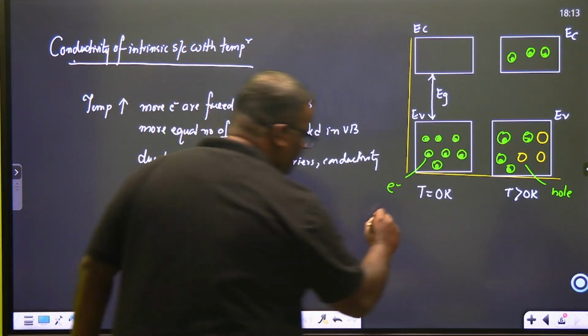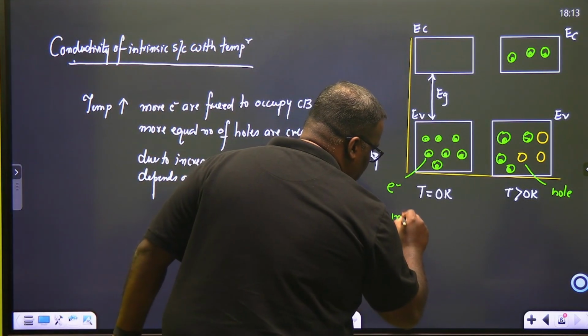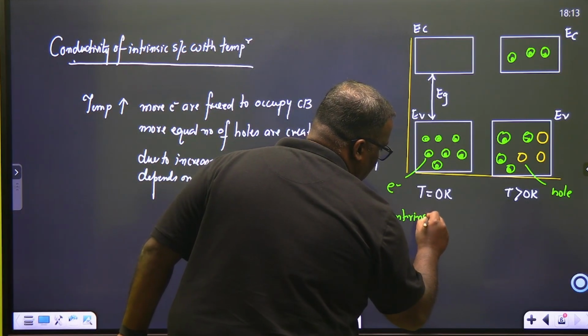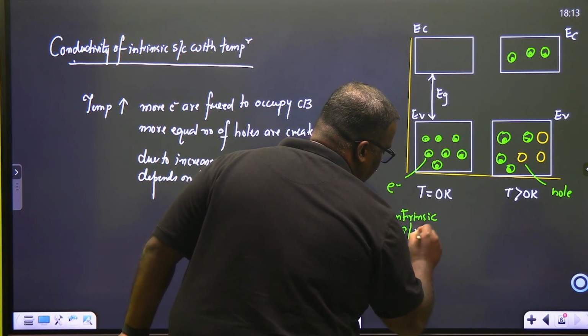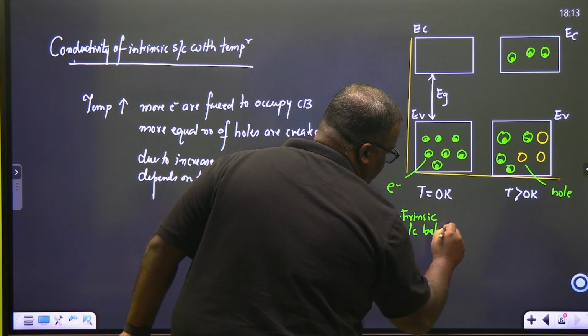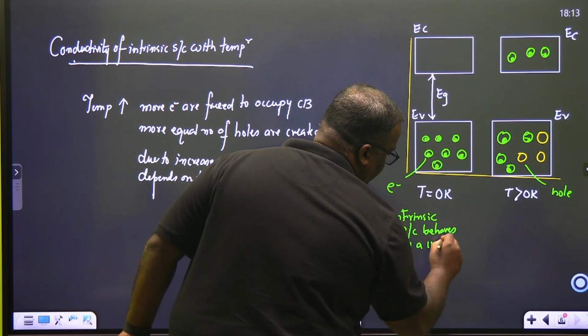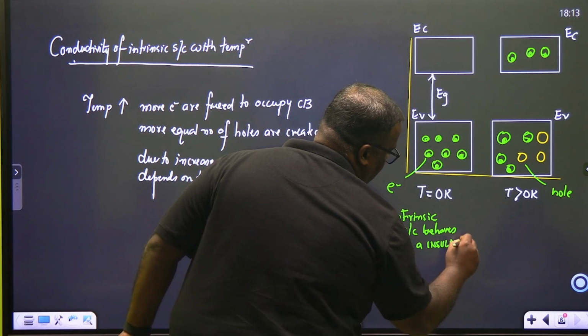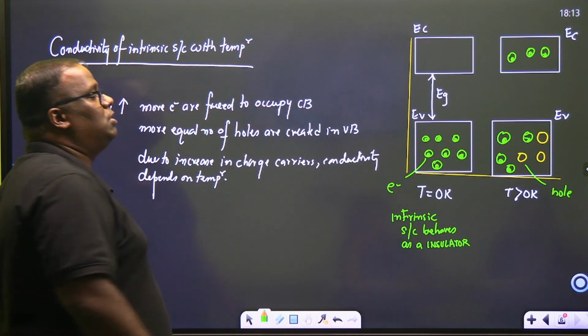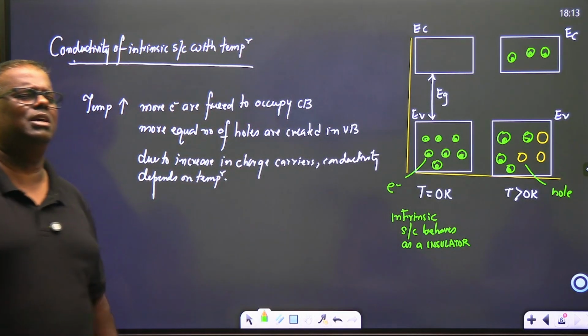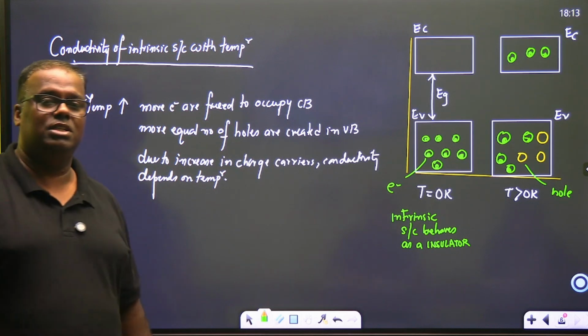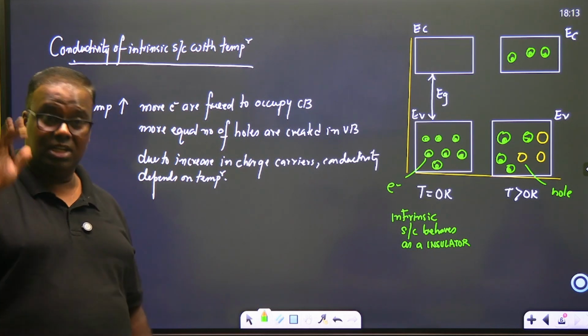So here, an intrinsic semiconductor behaves as an insulator. You must have also heard about something very vague: superconductors. Certain materials behave as superconductors at extremely low temperature.